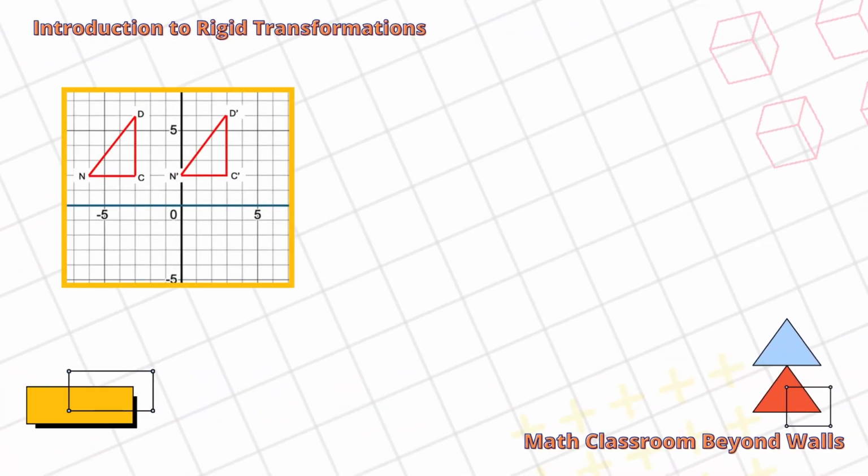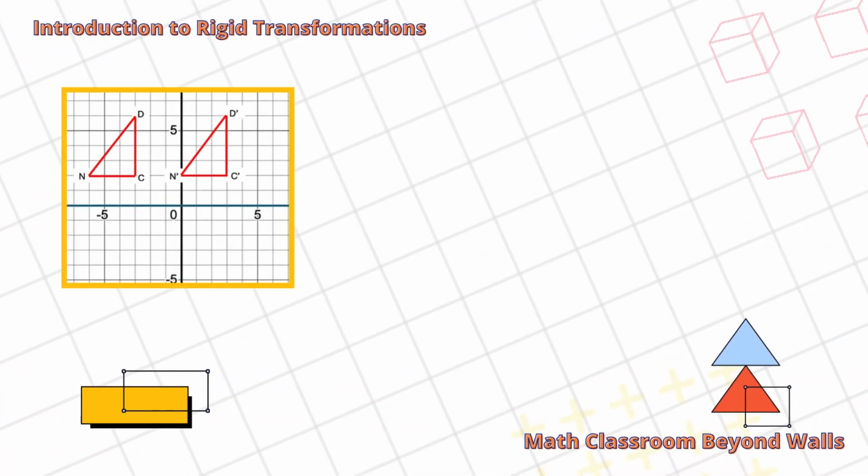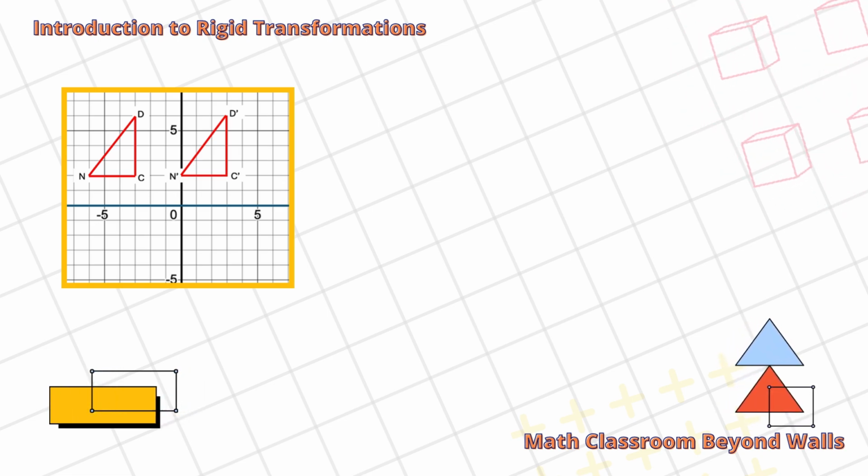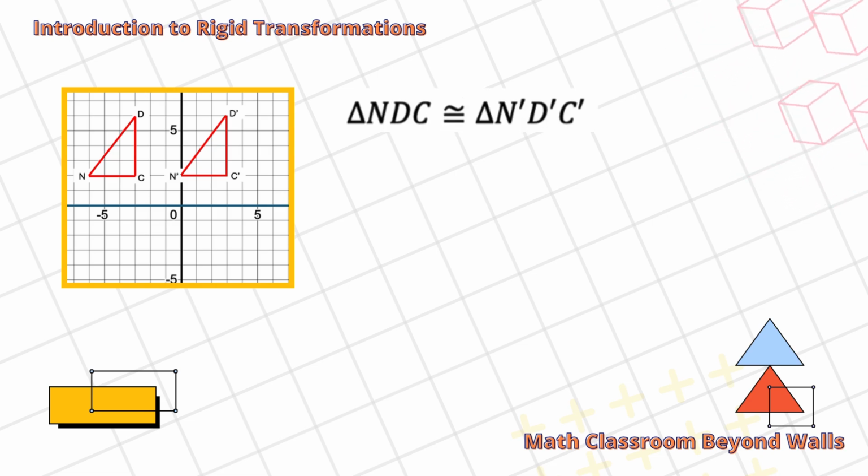Okay, we will use the result we got in sample problem 1 to discuss these important concepts about congruent figures. Because the 2 triangles in the previous example are congruent, we can write this congruent statement about them. We read this as triangle NDC is congruent to triangle N prime, D prime, C prime.